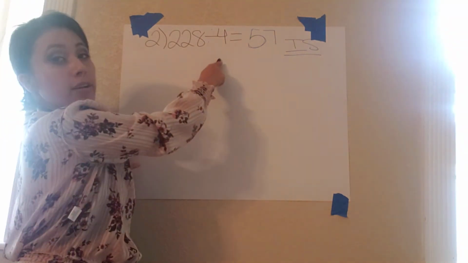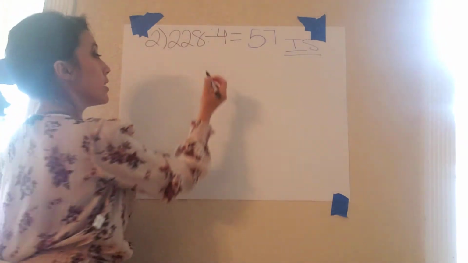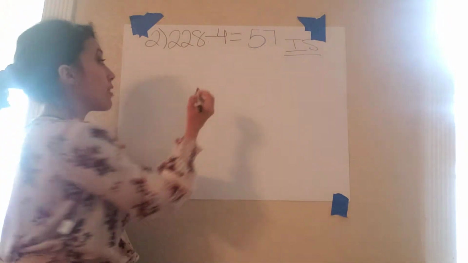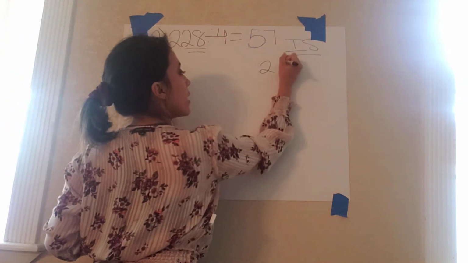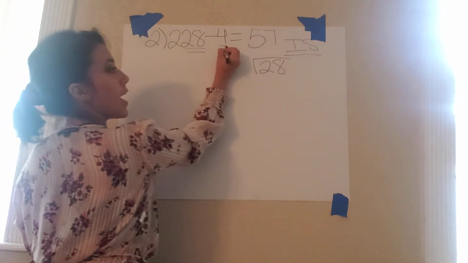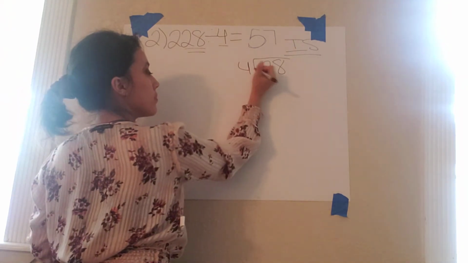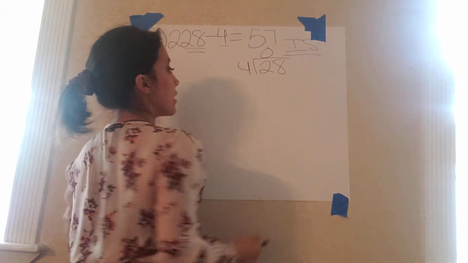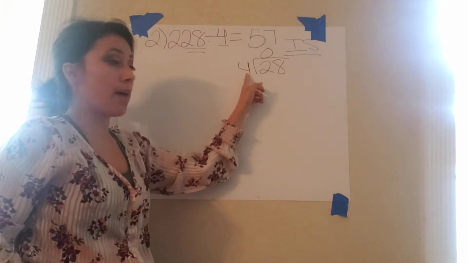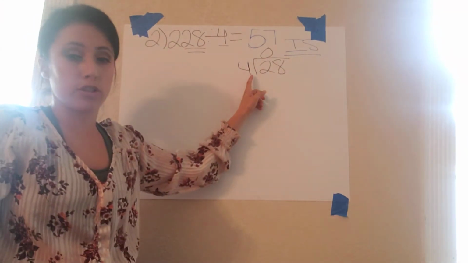So it's a 4, and from what we remember, to find if a number is divisible by 4, we have to take the last two numbers, so 28, and divide that by 4. We know that 4 cannot go into 2, so that's a 0. And we need to see how many times does 4 go into 28.